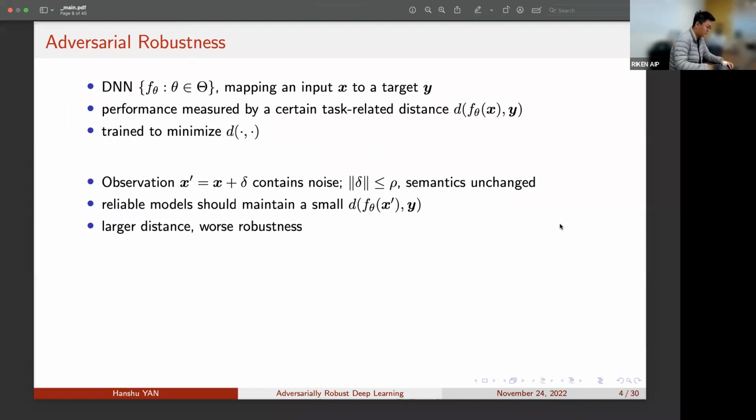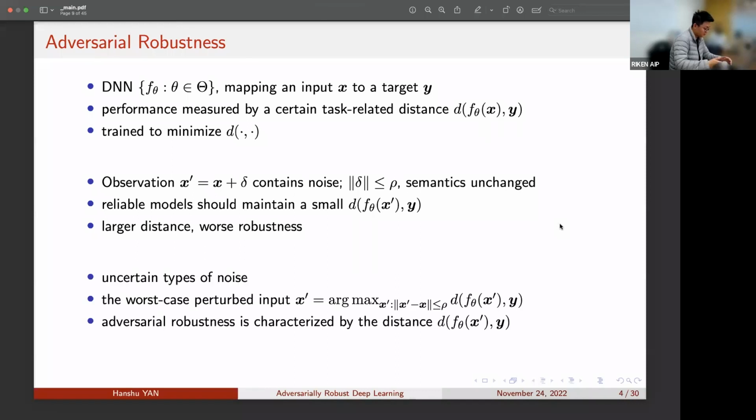But in real applications, the observation of a signal always contains some uncertain noise. Suppose the noise is denoted by delta, and the strength of the noise is bounded by some constant rho. A reliable model should maintain a very small distance between the output on the perturbed data and the original one. If the difference is very large, then we can say the model is not robust.